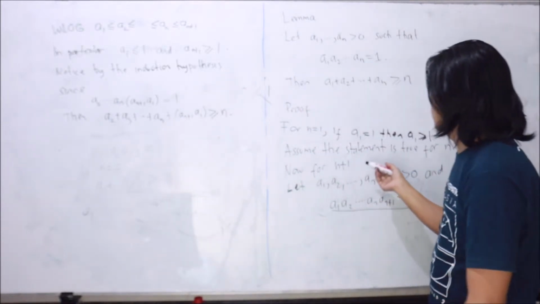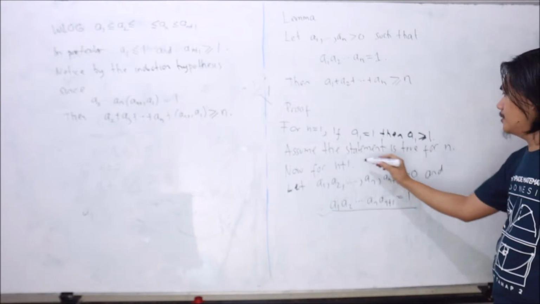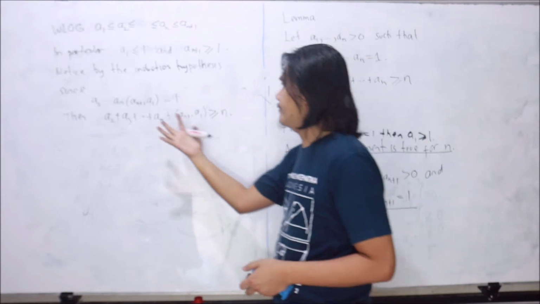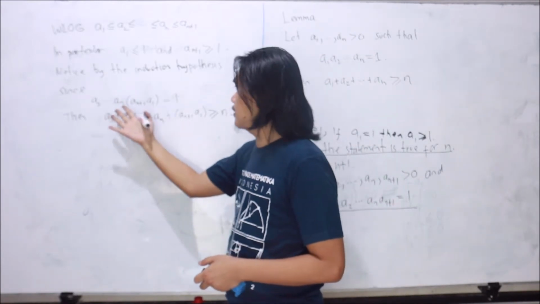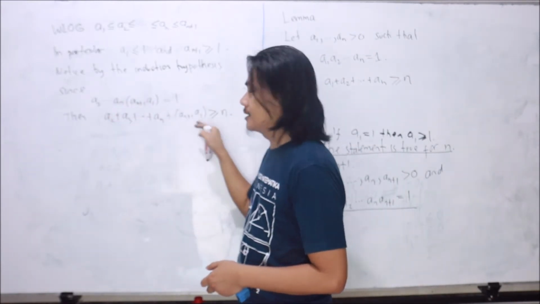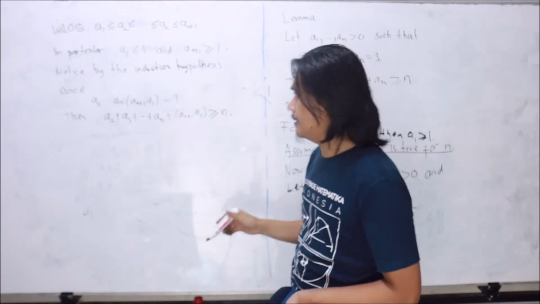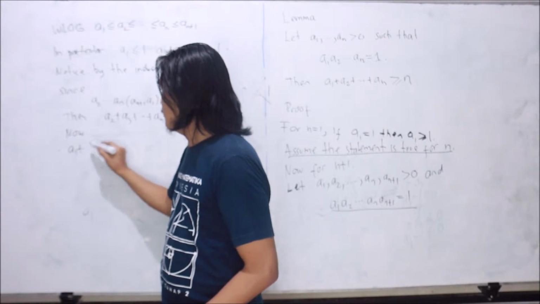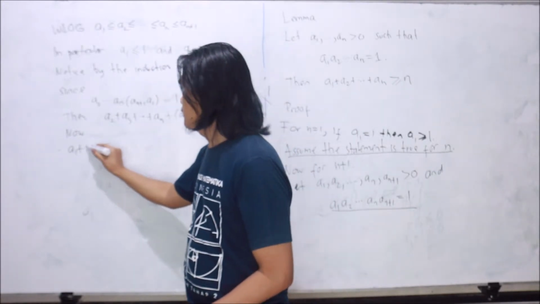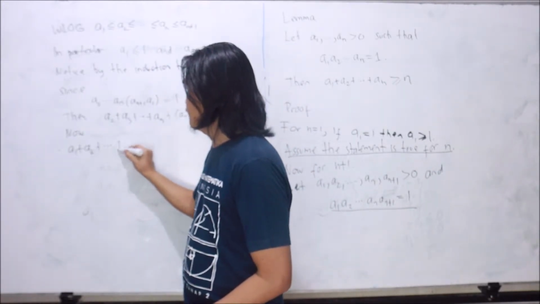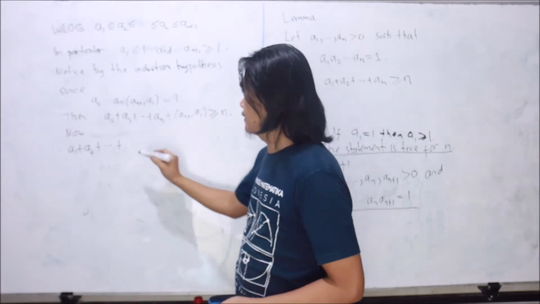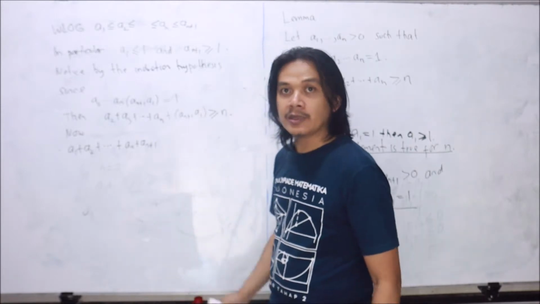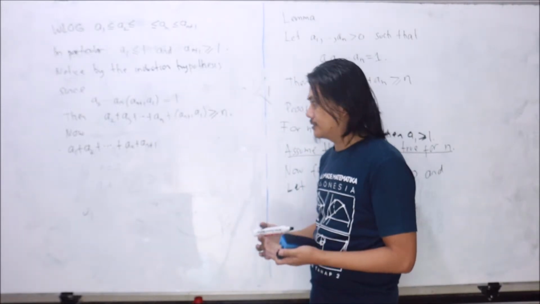That's what the induction hypothesis says, because we assume that the statement is true for n, meaning that if we have n numbers so that their product is equal to 1, then their sum is greater than or equal to n. Okay? Now, we need to somehow use this fact to show that the sum from a1 up to an plus 1 is greater than or equal to n plus 1.